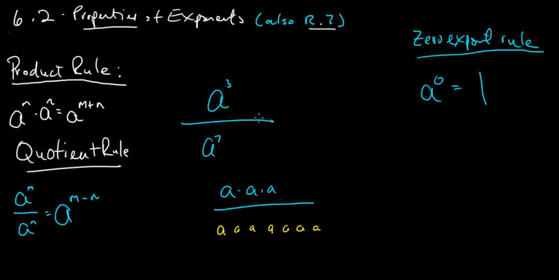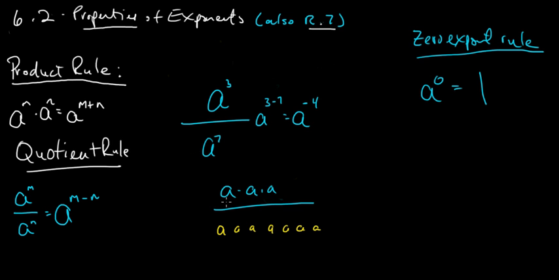The second interesting situation happens when I have a bigger number as an exponent in the denominator versus the exponent in the numerator. Notice here that I have a to the 3 over a to the 7, which is a to the 3 minus 7. And that's equivalent to a to the negative 4. Well, what happens when I have a negative exponent? Let's take a look at that expanded right here.